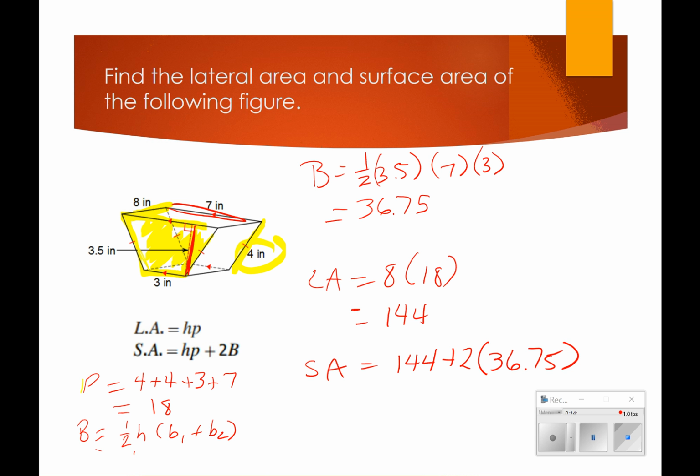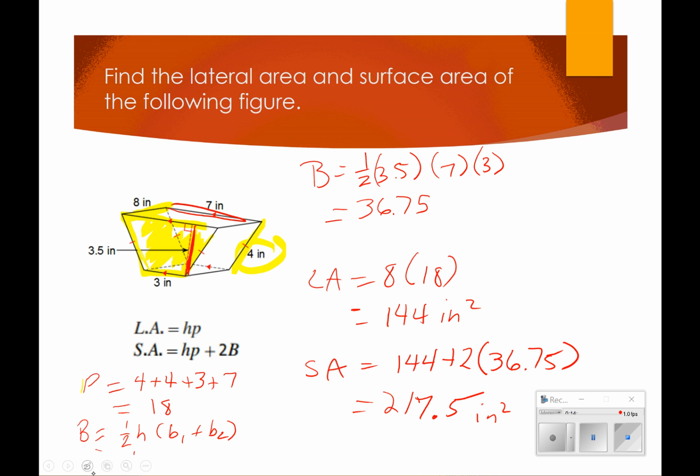So if I add that up, I'm going to get 217 and a half. And this is inches squared, and our lateral area was 144 inches squared.